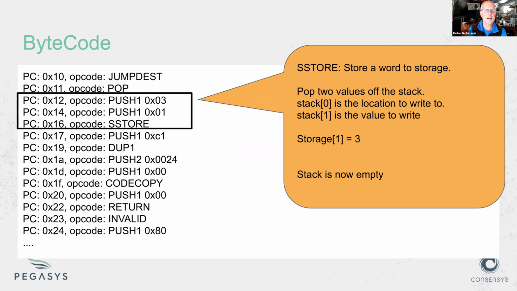Store stores a value into storage. Stack 0 is the location to write to, which is going to be 1, and it's going to take the value, which was 3, and store it there. So storage location 1 becomes 3, and that matches what we're seeing in the Solidity code there.